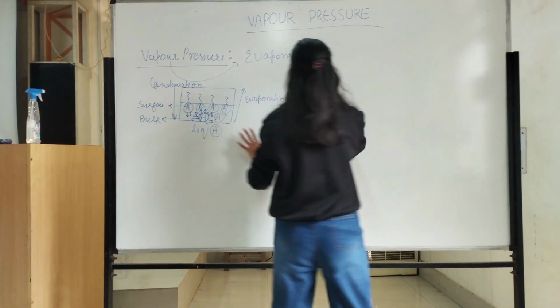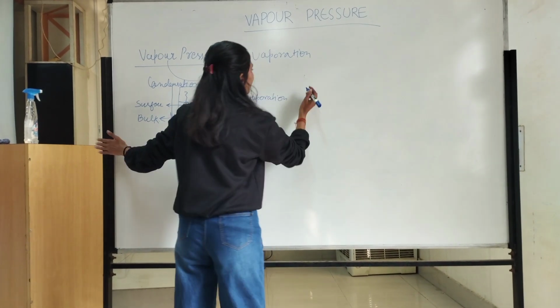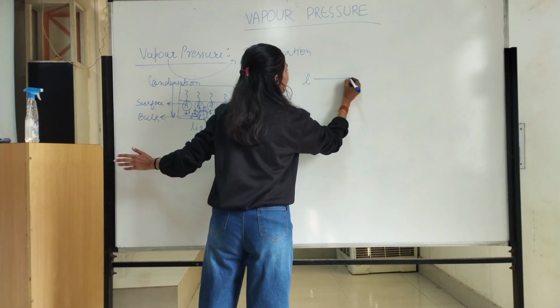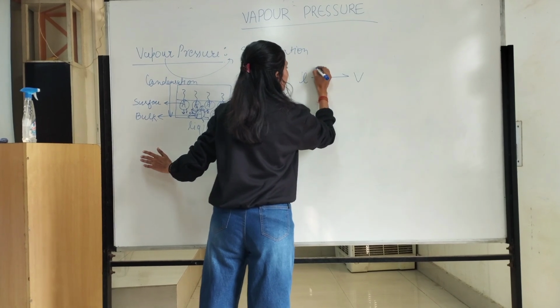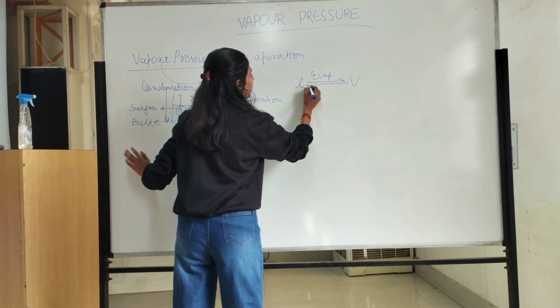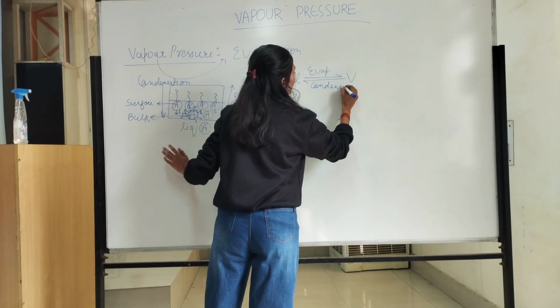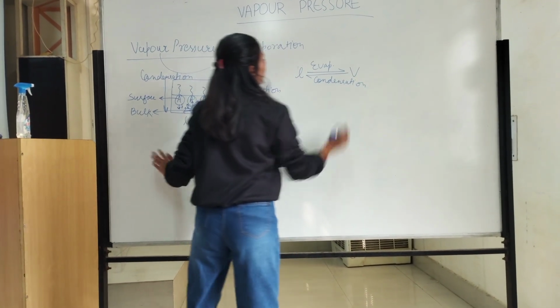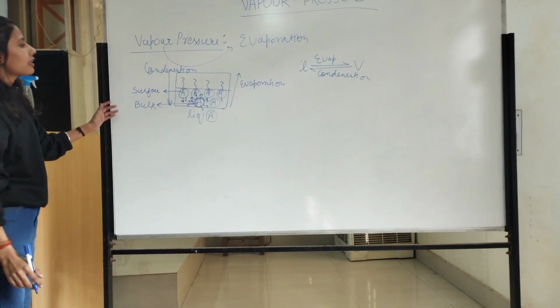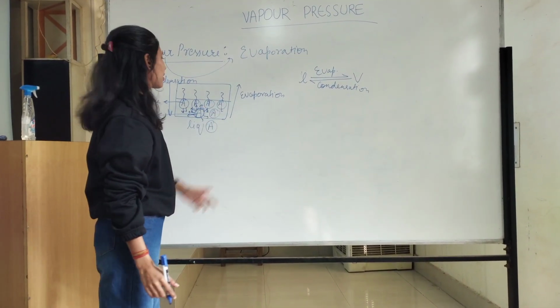So the two phenomena will work. First one is liquid converting into vapors, which is known as evaporation. Second is vapor converting into liquid, that is condensation. So there is equilibrium between liquid and vapors. So in a closed container, only in a closed container, we have this equilibrium.